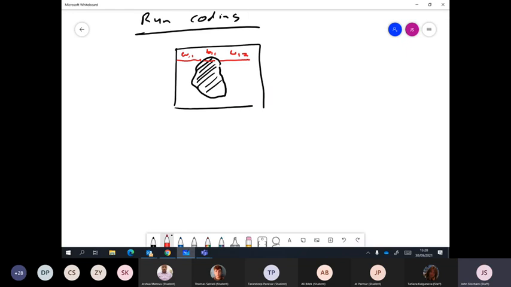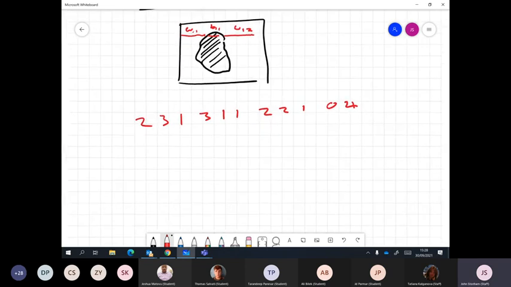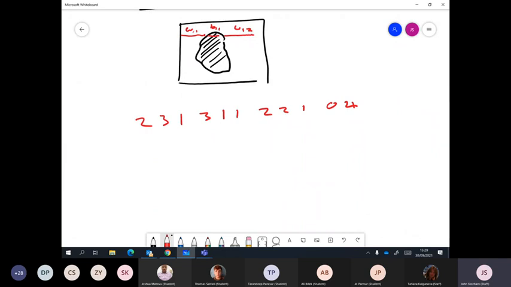As an example, if I gave you a run code of 2, 3, 1, 3, 1, 1, 2, 2, 1, 0, 4, we can go back to the image. First of all, you've got to know the resolution of the image.